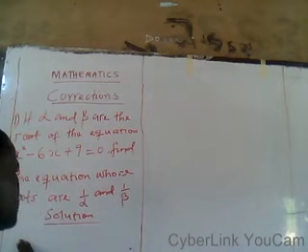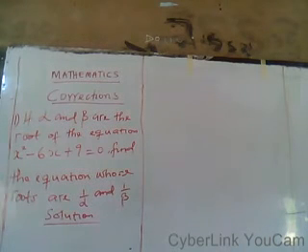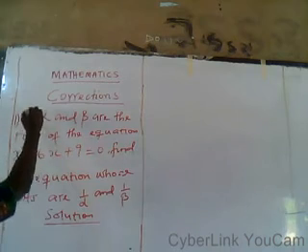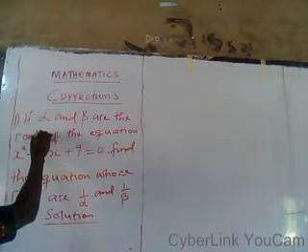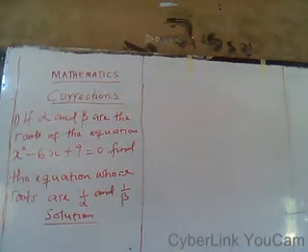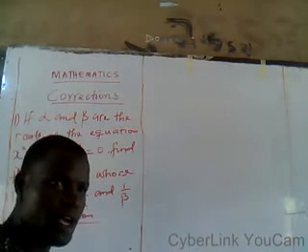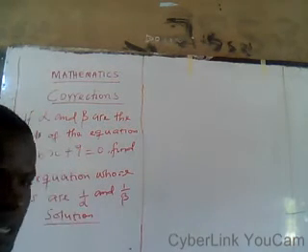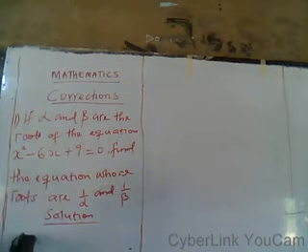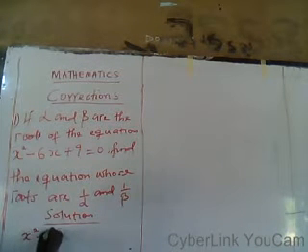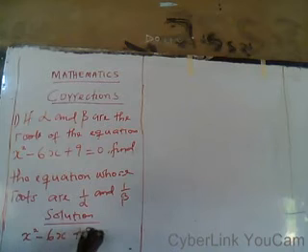Now, the question is simple, right? If alpha and beta are the roots of the equation x squared minus 6x plus 9 equals 0, find the equation whose roots are 1 over alpha and 1 over beta. Now, look at it. The equation is x squared minus 6x plus 9 equals 0.